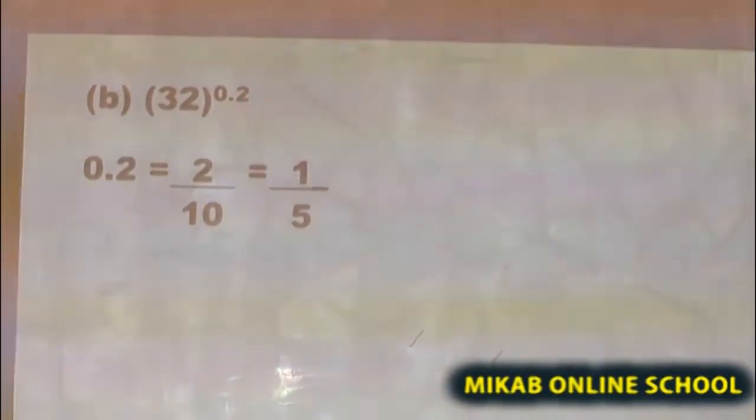But if you are given without the previous solution and you are going to express this 0.2, the determinant here is this number of figure after the point, which is 1. And once it is 1, it means that the denominator of this 2 is going to be 10.